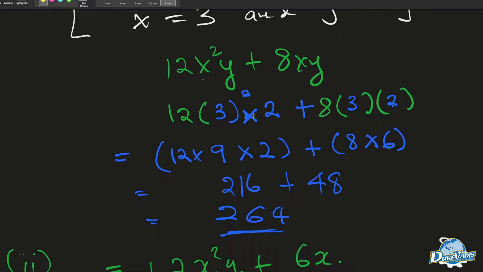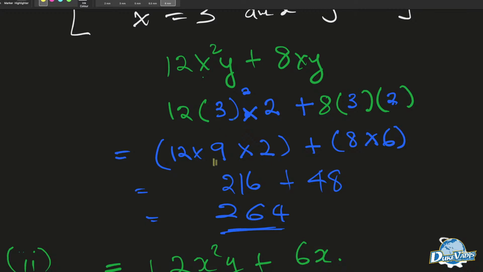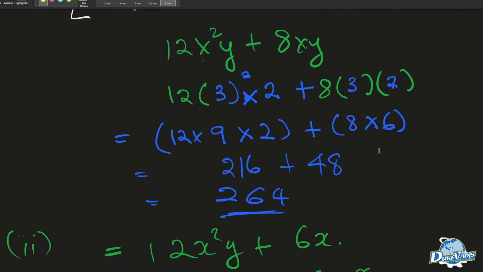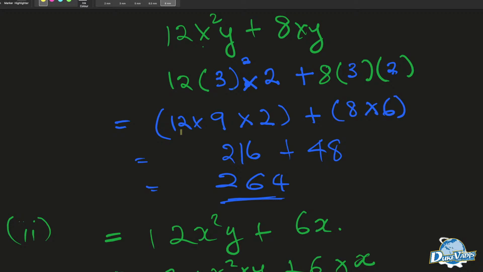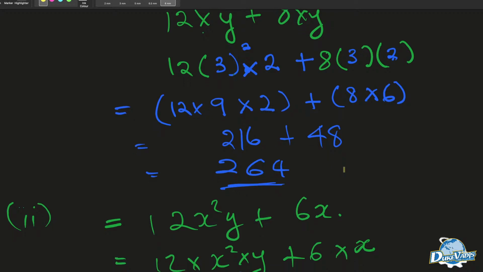So when we square 3, we get 9, so we put it here, and then times 2. And also we know that 3 times 2 gives us 6. So we say 8 times 6. Now, we multiply 12 by 9 times 2, and we have 216. Okay, plus 48. And when we add it together, our answer is 264.